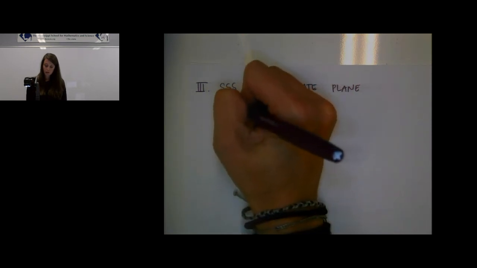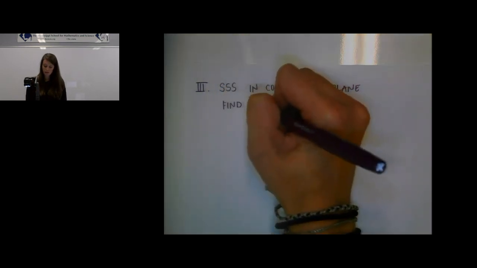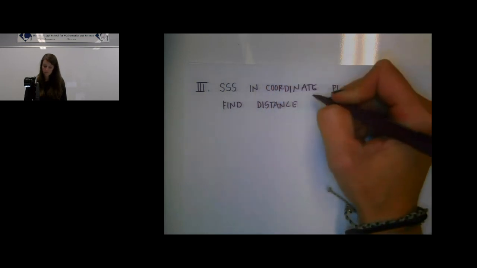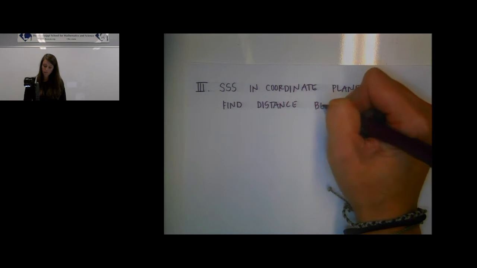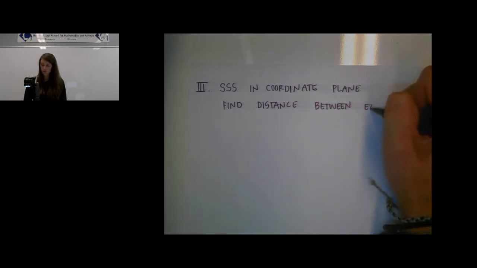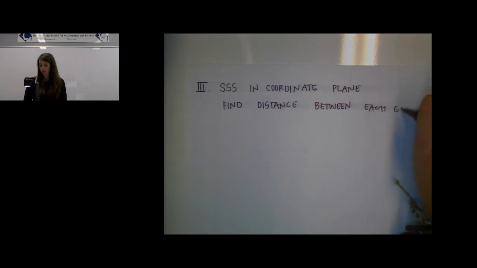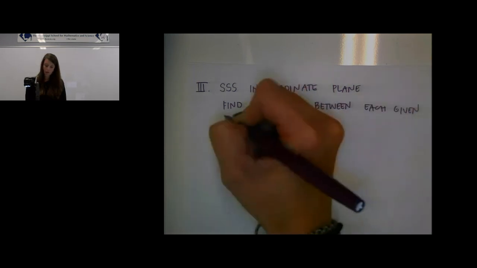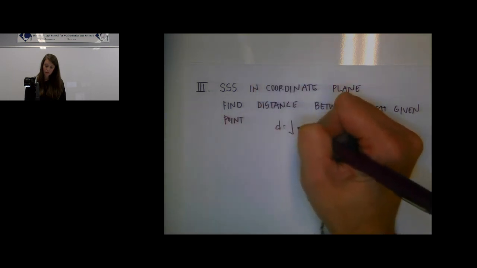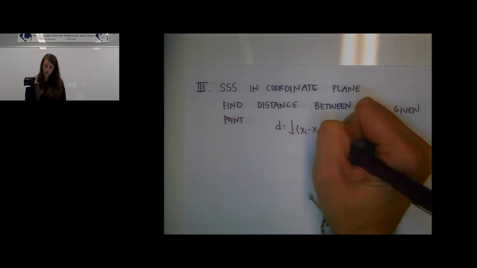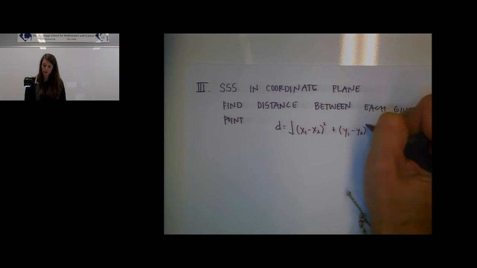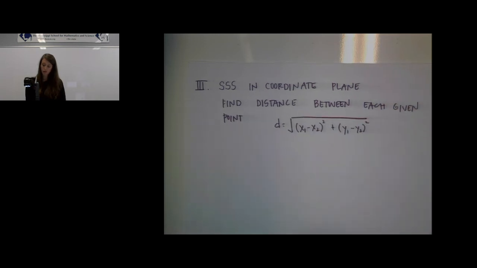So you will use the distance formula. You remember what the distance formula is: it is your x1 minus your x2 squared plus your y1 minus your y2, all of that squared, and then take the square root of it.